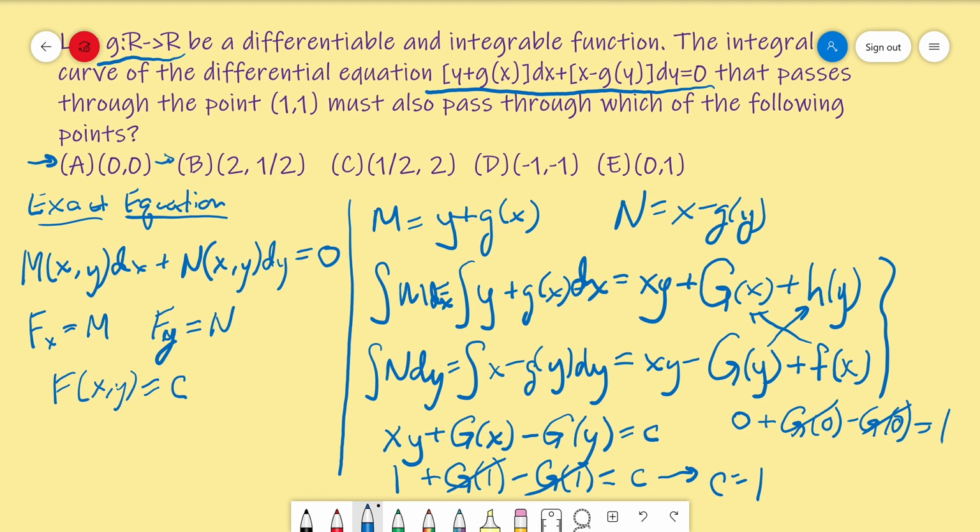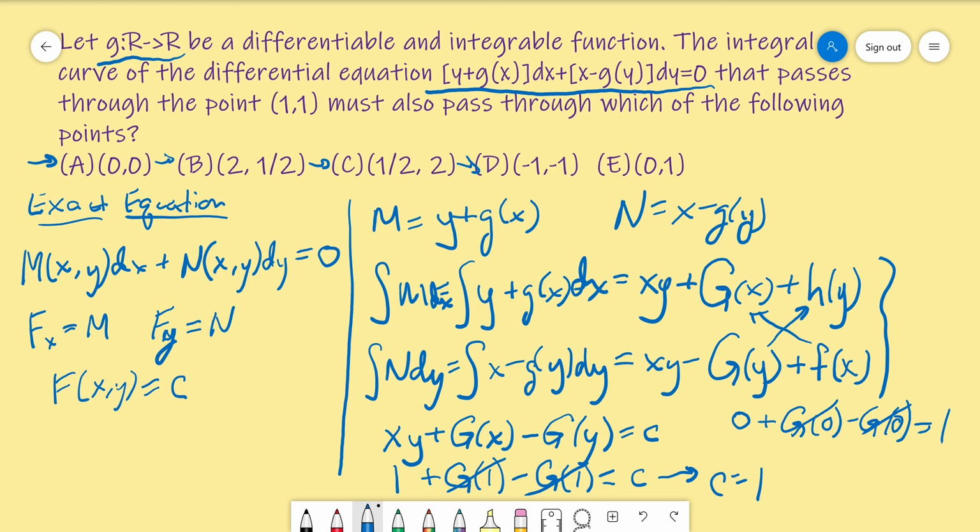Now, 2 and 1/2. Well, x times y is going to be 1. But then you've got plus big G of 2 and minus big G of 1/2, and we don't really know what g is, so we can't really say if that's going to work or not. And the same thing goes for C. Now D, -1, -1: x equals -1, y equals -1, so -1 times -1 is +1, plus big G of -1 minus big G of -1, that's going to cancel out, equals 1.